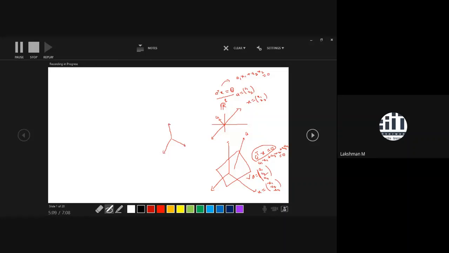Suppose you are in R3: x is an arbitrary point, x0 is the given point through which it passes, plus alpha times the direction. Or suppose your line passes through the origin, so x0 would be the origin. Then simply you can write x equals alpha times v, where v is the direction of the line.